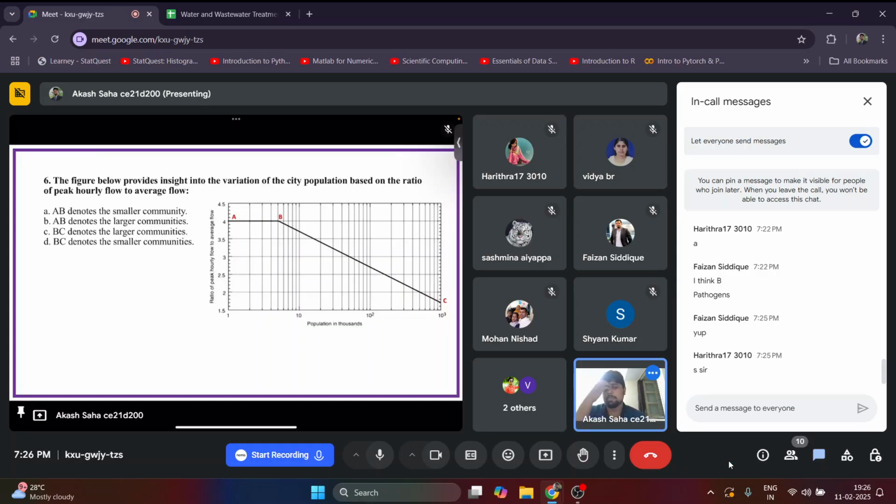So based on the peak factor, we can tell whether it's a large community or a small community. Any idea? Okay, so let me help you out.